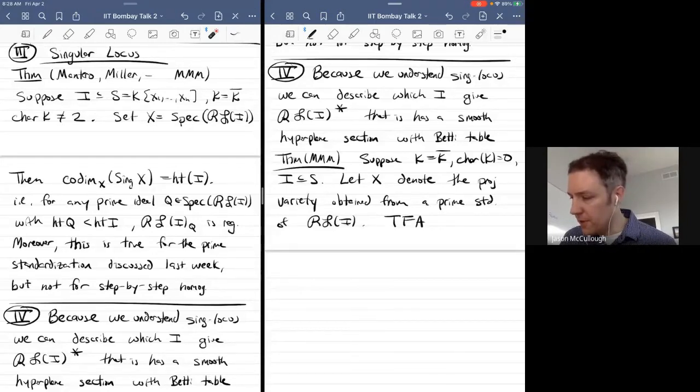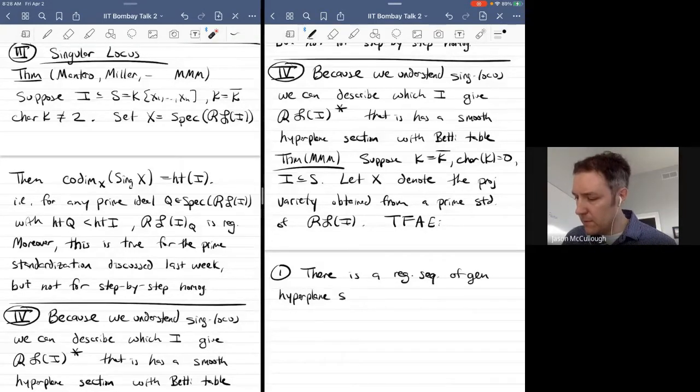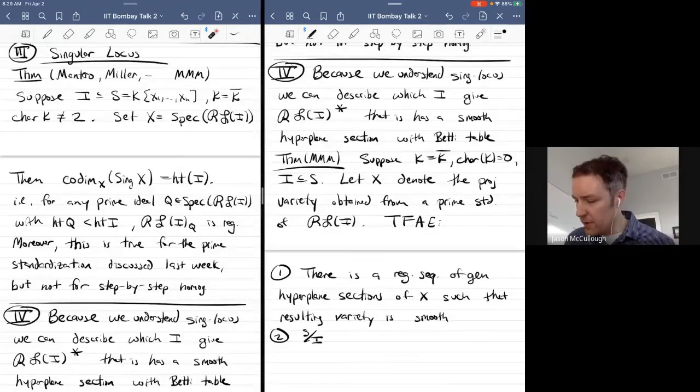And so what we do is we prove that the following two things are equivalent. So first, that there is a regular sequence of general hyperplane sections of X such that the resulting variety is smooth. And so that's equivalent to starting with an ideal that defined a Cohen-Macaulay ring.